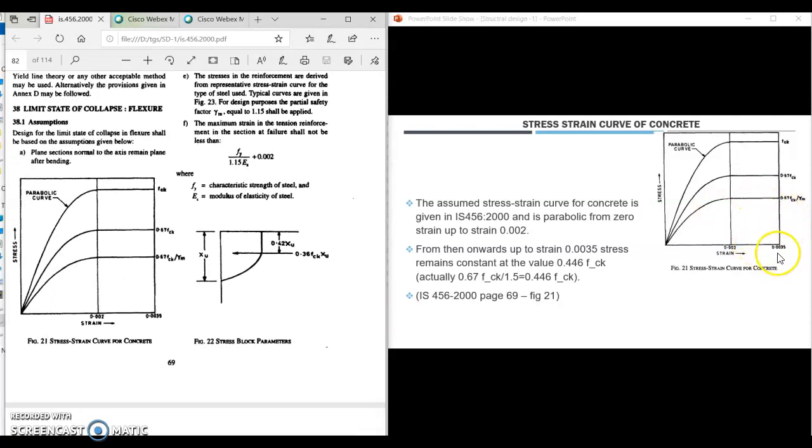Maximum strain in the concrete is taken as 0.0035. So this is the stress strain curve. Initially it is parabolic and then horizontal. This is given in IS 456.